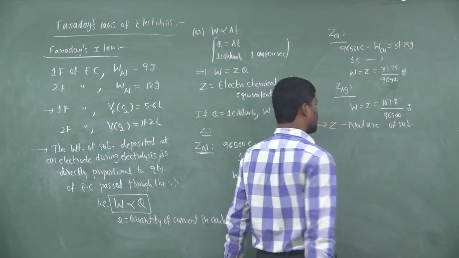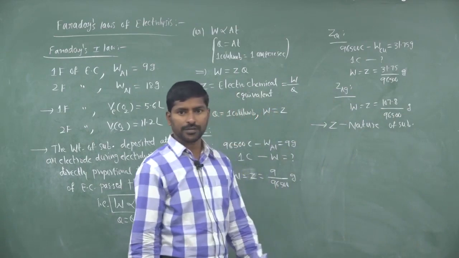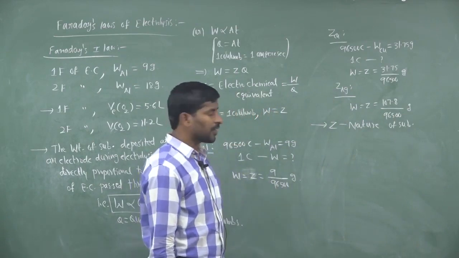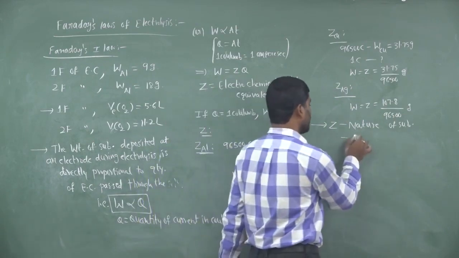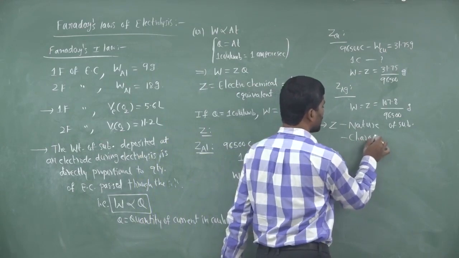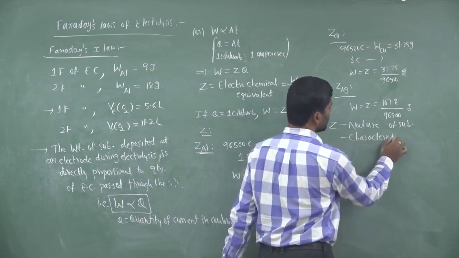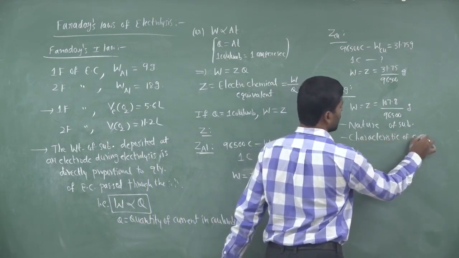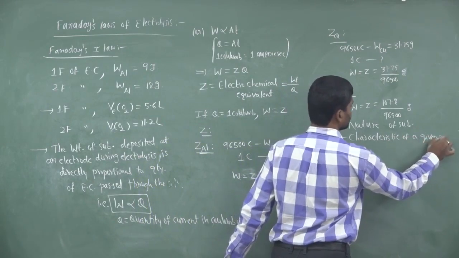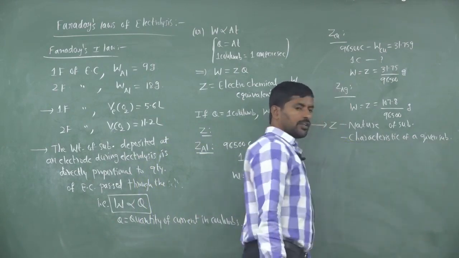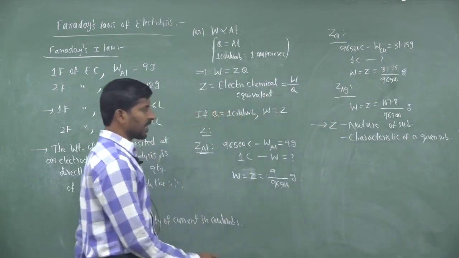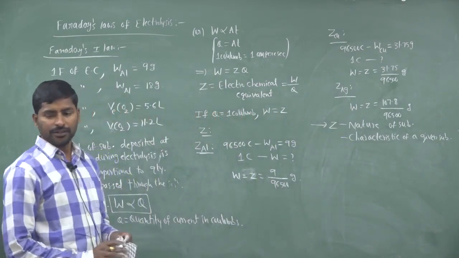Next, it is characteristic of a given substance. Z value depends on nature of substance, or it is characteristic of a given substance.